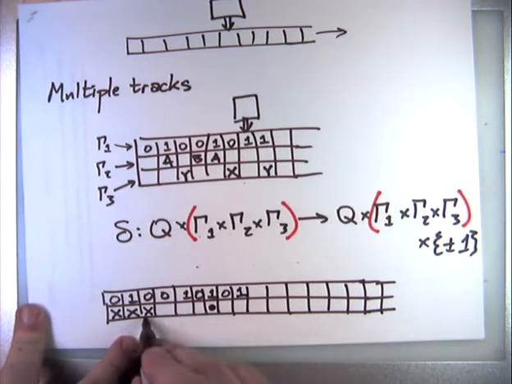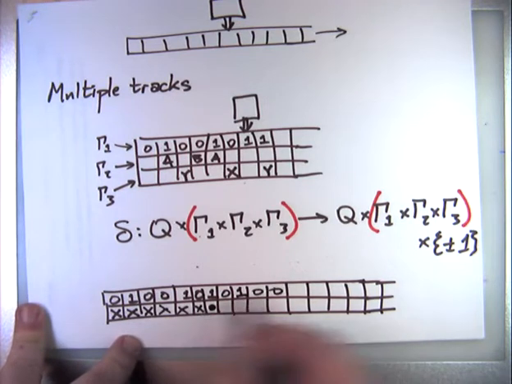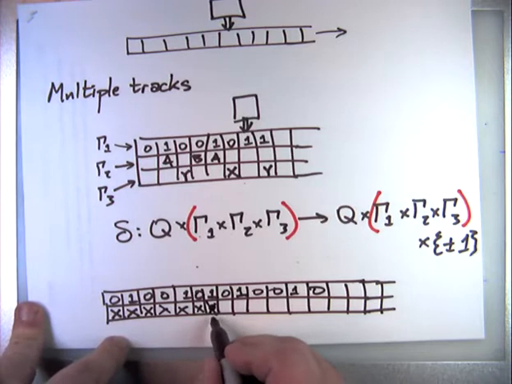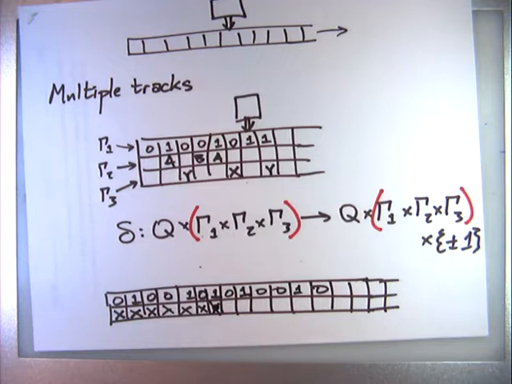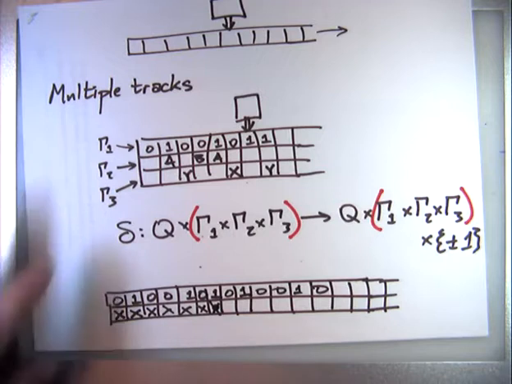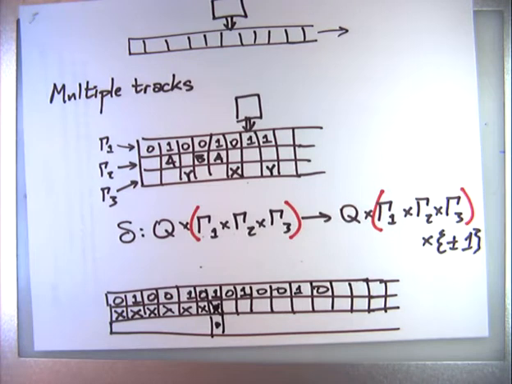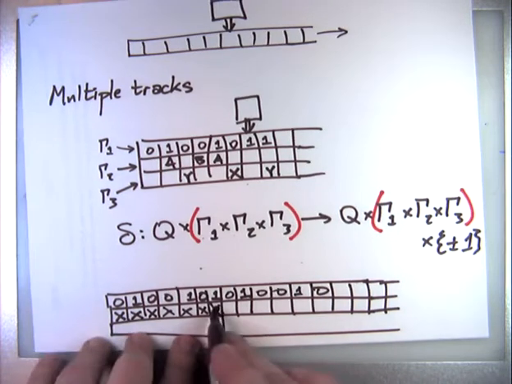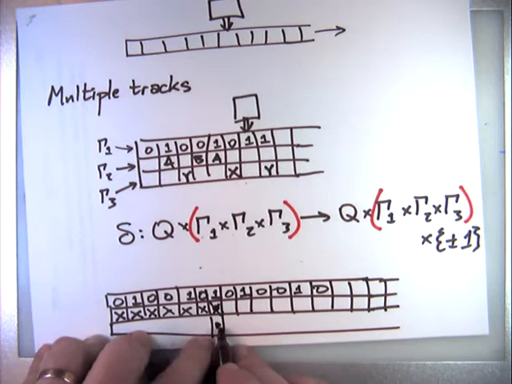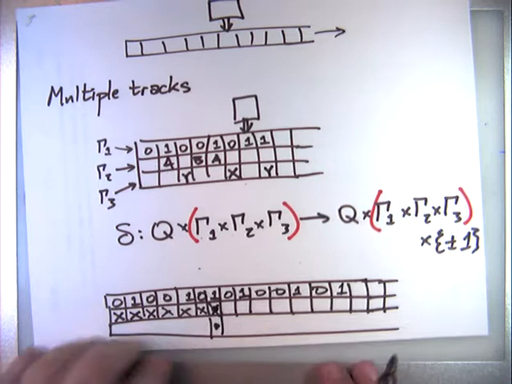And I scan back, read this, put down another 0, and eventually I'm going to get to the point where I'm trying to copy the character that has both of these marks. In fact, maybe I would have been better off putting that end of string mark as a symbol on a third track. But as soon as I copy the symbol that's marked down here on the third track as being the end of the string, then I can stop copying symbols.